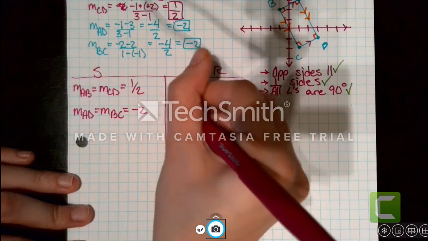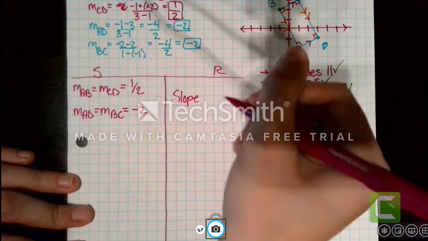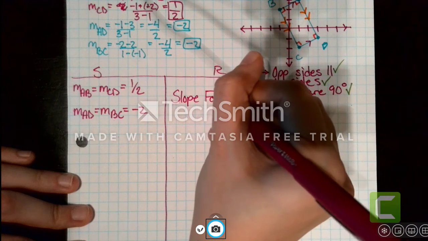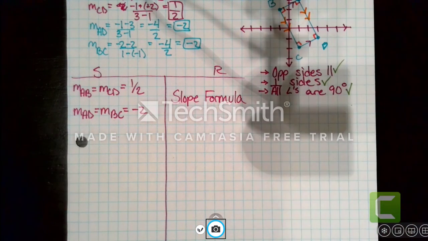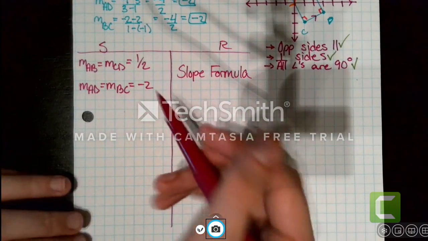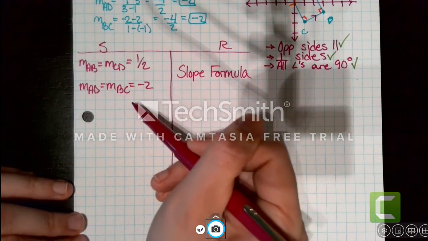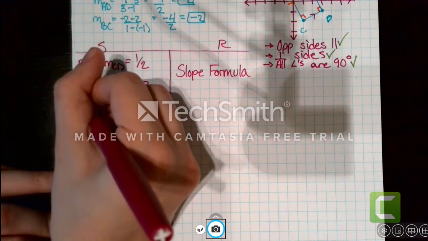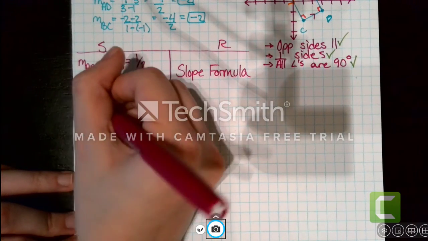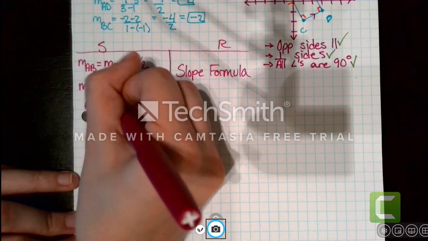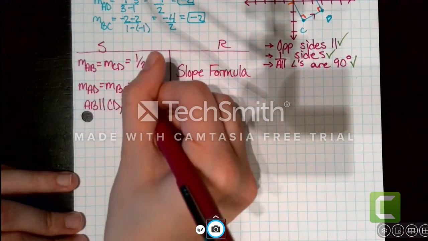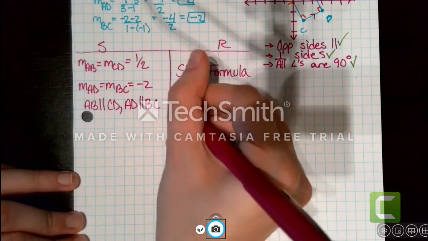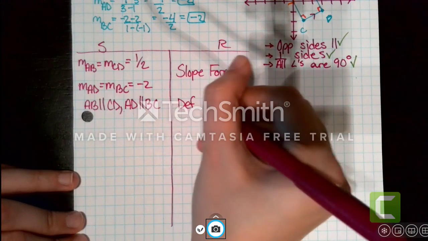And the reason is by the slope formula. So now that we've proven what the slopes are, we can claim that AB is parallel to CD and AD is parallel to BC by the definition of parallel.